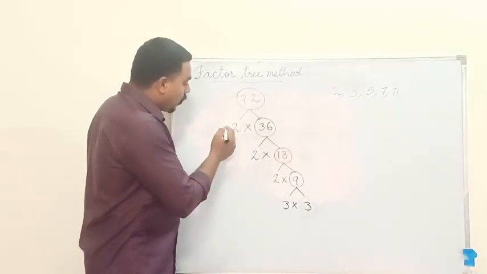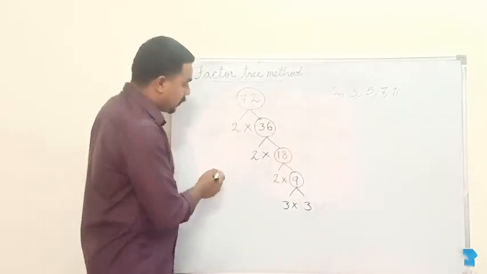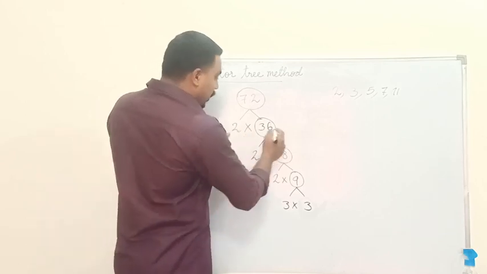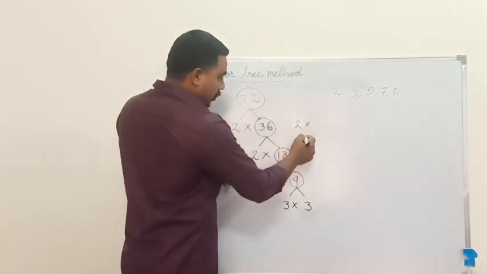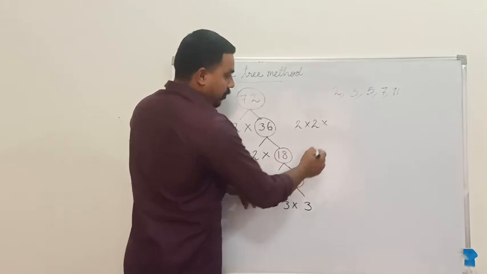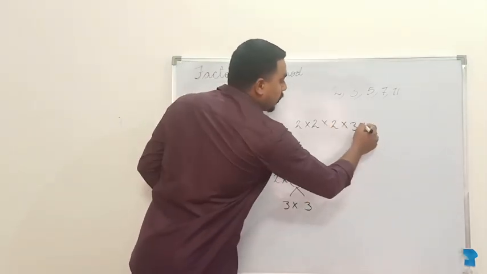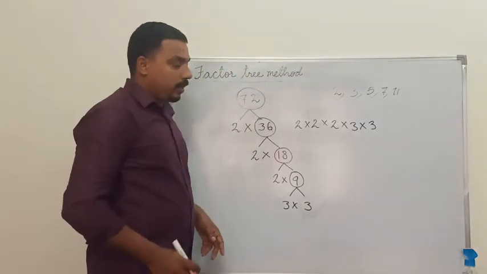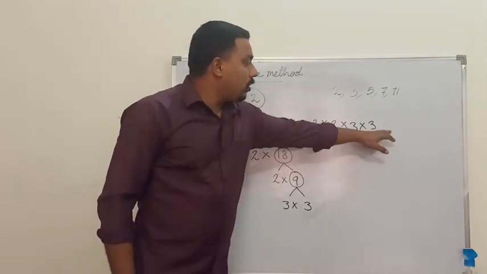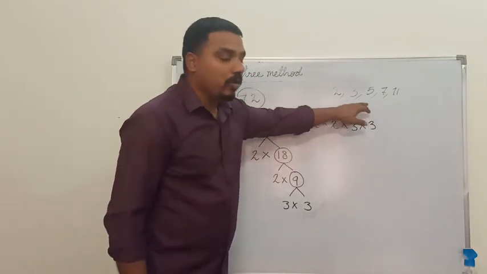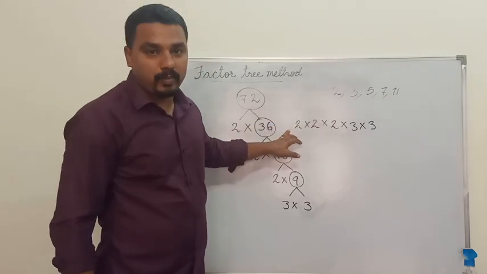Now we have to write and multiply these numbers. Which numbers do we take? 2 into 2 into 2 into, then how many 3's are there? 3 into 3. These prime factors we need to multiply.